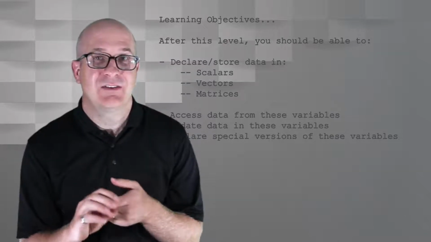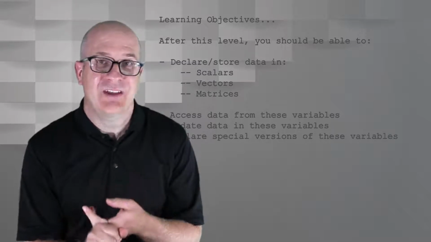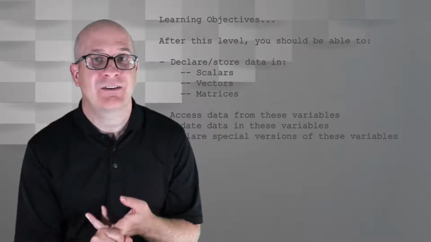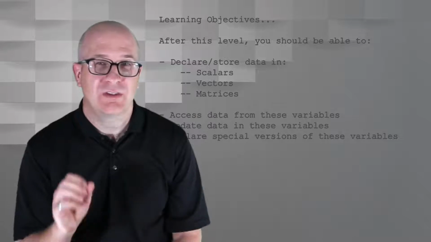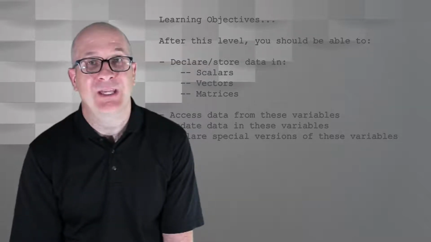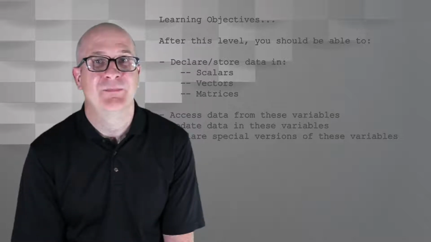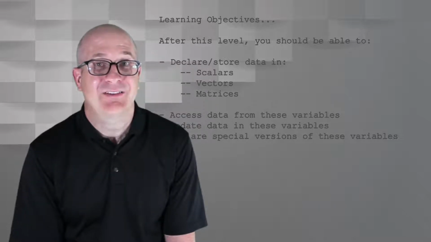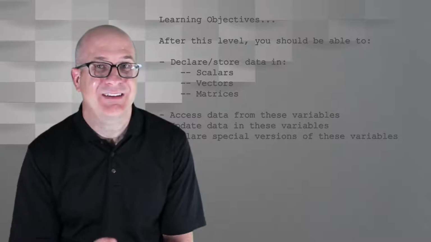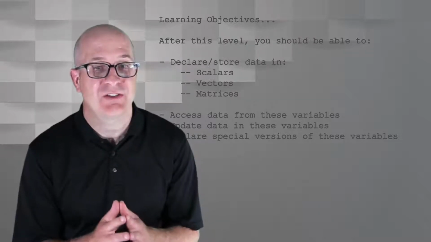The other thing I'd like you to think about is how do you access a scalar, a vector, and a matrix? See if you can write those down right now without checking your notes or rewinding this video. Can you access those values? And then the last thing I'd like you to try is, can you change those values?